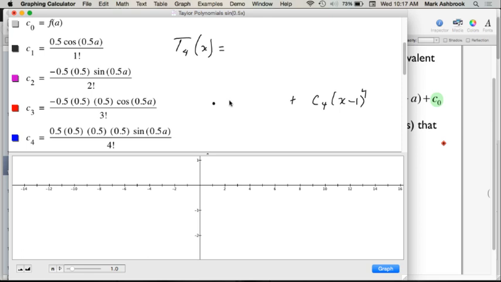C3 times x minus 1 to the third. So this is just rewriting what I had for Tn of x, but now we actually have a highest power. N was just a generic highest power. For the T4 polynomial, 4 is the highest power. Plus C sub 2 times x minus 1 squared, plus C1 times x minus 1 to the first, plus C naught.